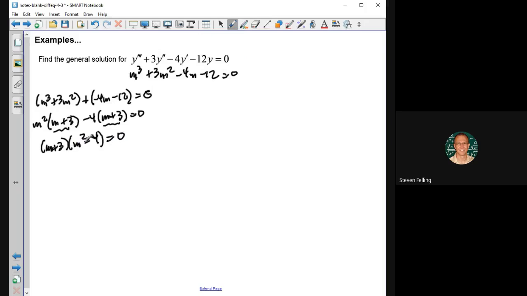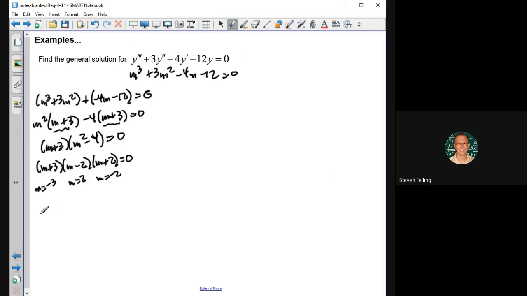And then this is a difference of squares, so this could further factor into m plus 3 times m minus 2 times m plus 2. So it looks like I have three distinct real m values. I have m is negative 3, m is positive 2, and m is negative 2.